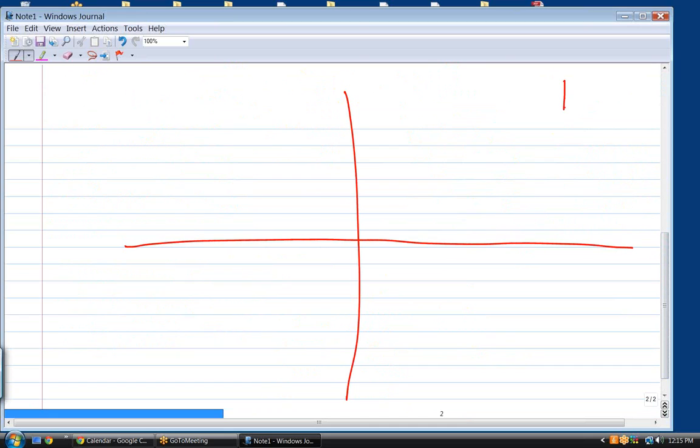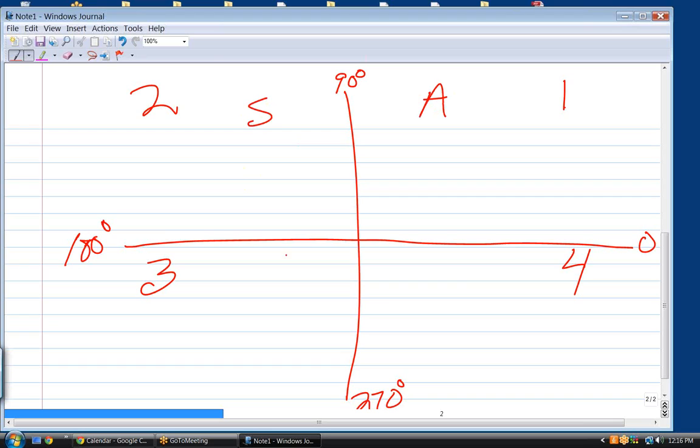This is 1, this is 2, this is 3, this is 4. And this is 90 degrees, this is 180 degrees, this is 270, and this is back to either 0 or 360. Now, if we are in the second quadrant, we also know that all students take calculus.